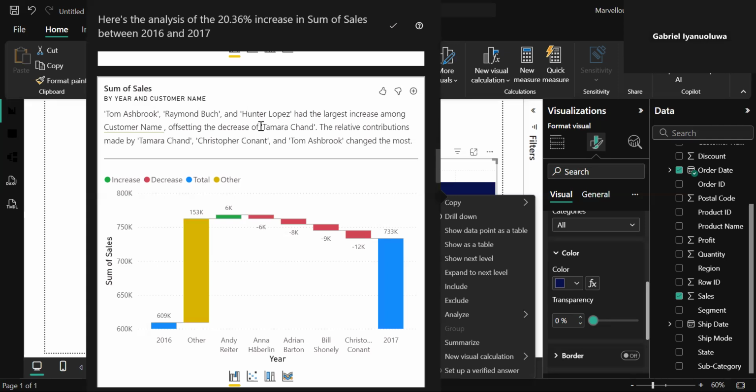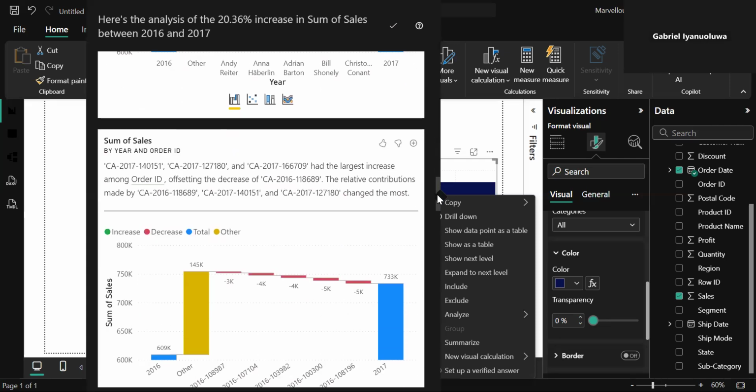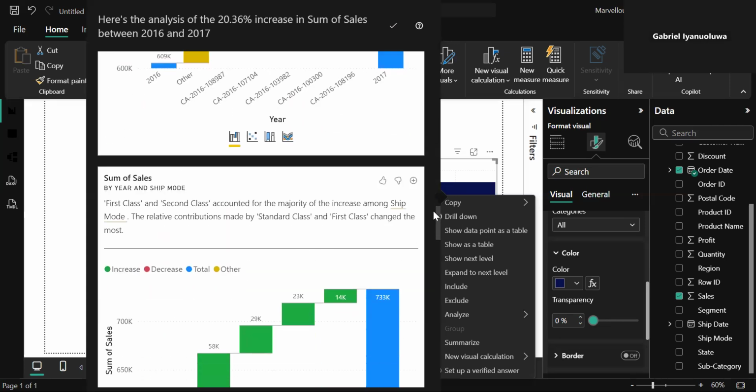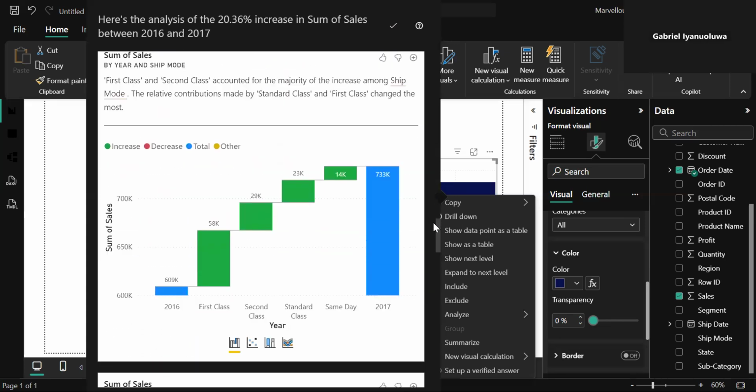Offsetting the decrease is Tamara Shad. Tamara Shad really affected even that sale. We would have gotten more sales than that. So this person is supposed to be summoned to explain the reason why he's not really contributing to the development of that particular data set.